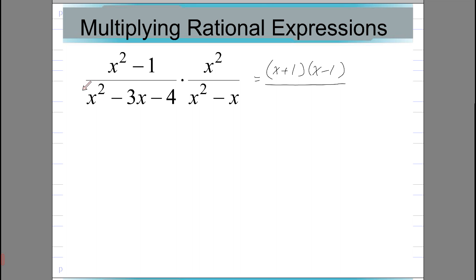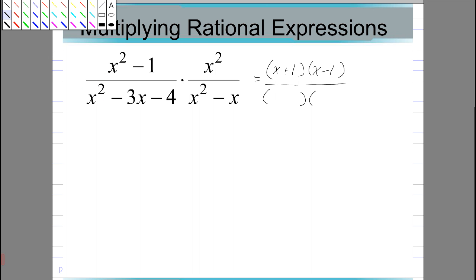We have just an x squared, so we can try to factor that one. And that is going to be an x and an x term. We need two numbers that multiply to negative 4. So 4 and 1. And since we need a negative 3, we'll have a negative 4, positive 1.